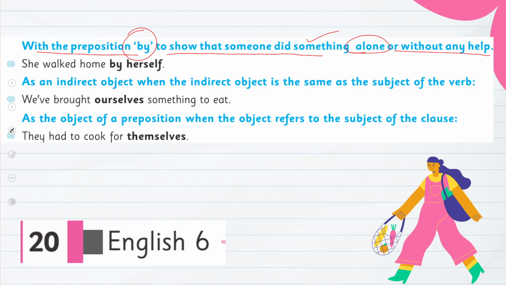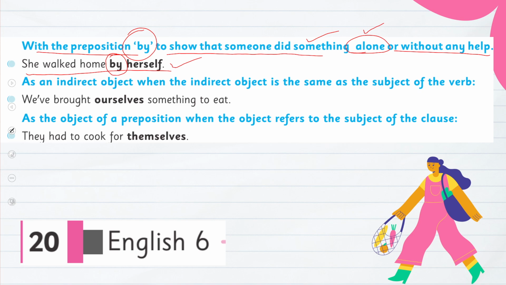So in this case, we write this preposition by before the reflexive pronoun. As you can look at here in this example, she walked home by herself. So she did an action alone or without any help. So this is why we will be using the preposition by before this reflexive pronoun.